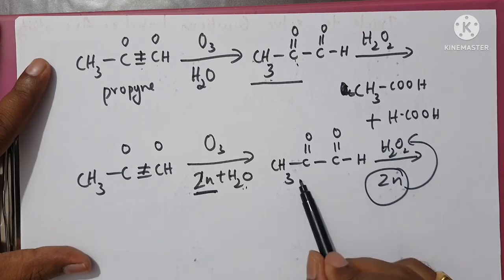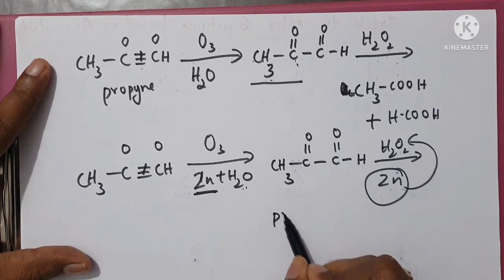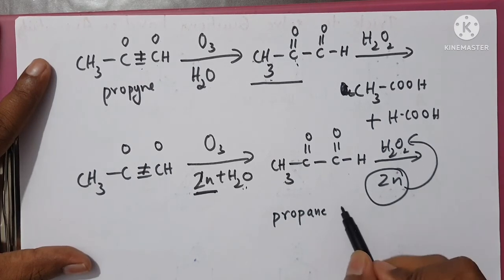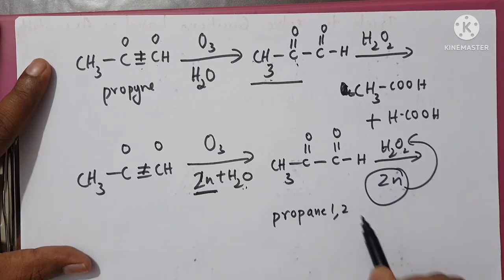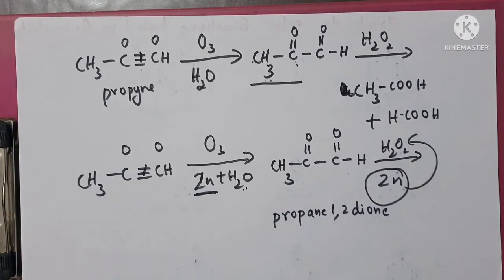So what is this compound known as? This is known as propane 1,2-dione.